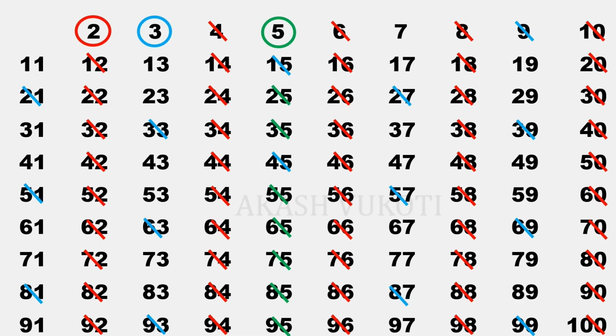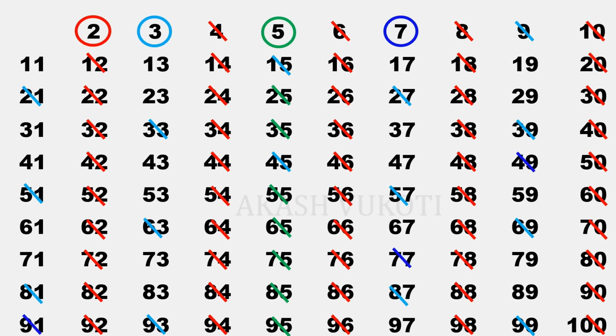So 7 is our fourth prime number. And now, afterwards, all we have to do is just circle it and then cross out every subsequent multiple of 7, which includes 14, 21, 28, 35, 42, and so on.